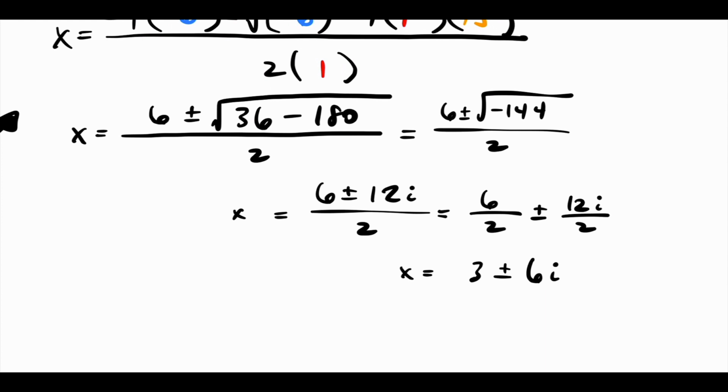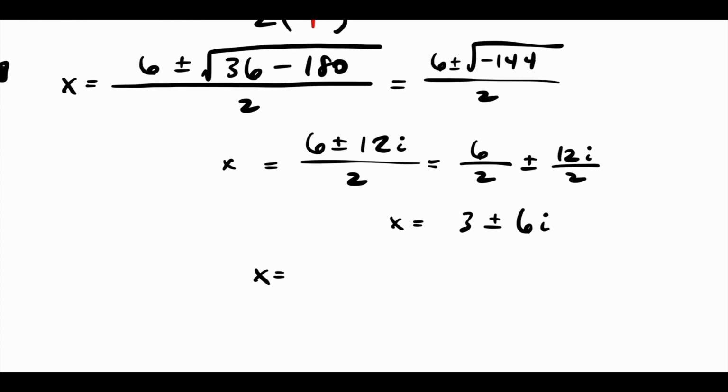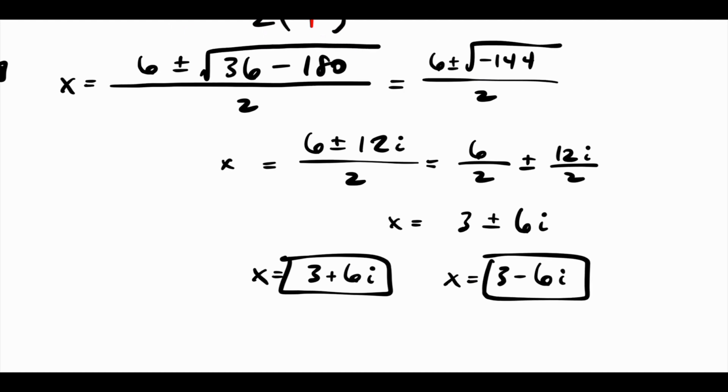So when I put it into Delta Math, you're going to use 2 boxes here. One for 3 plus 6i, and one for 3 minus 6i. Even though I can't subtract them, one needs a plus and one needs a minus. Okay. So I have 2 answers.